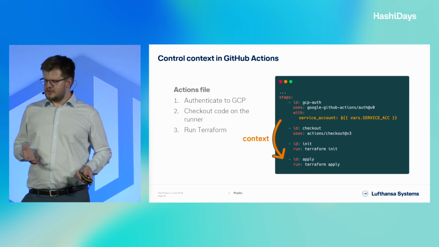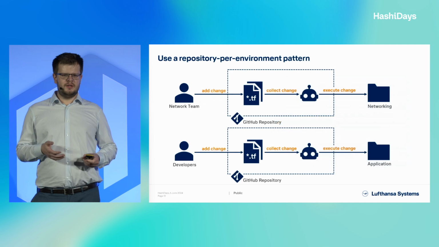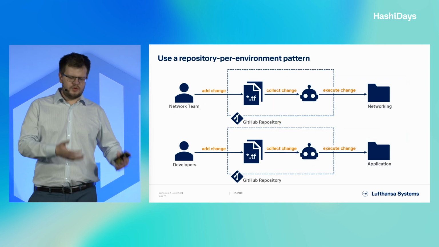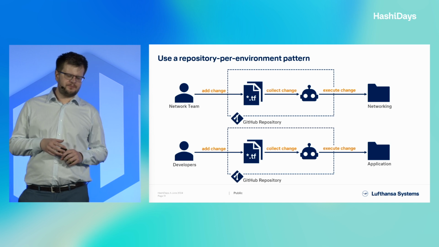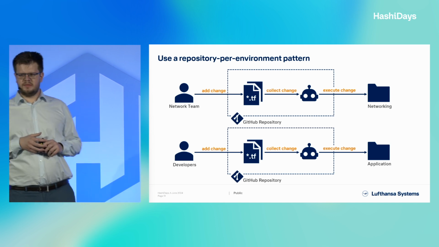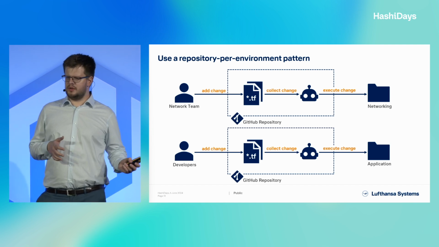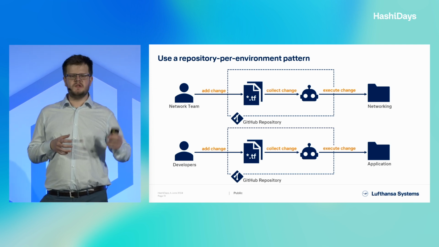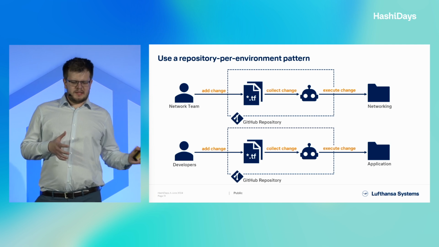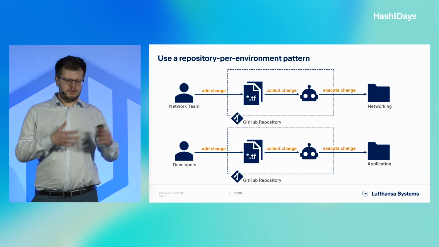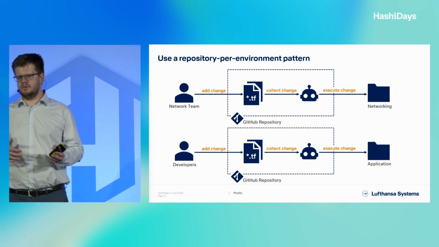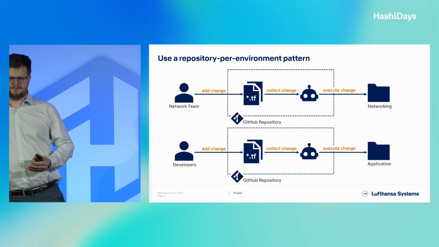So now to answer the question from my first slide: how do we bring that isolation from GCP to GitHub? We discarded the idea of a mono repository. Instead, we switched to polyrepositories and we use a repository per environment pattern. The important thing about this is that we have two dedicated service accounts, and each of them only has permissions to what he is allowed to modify.